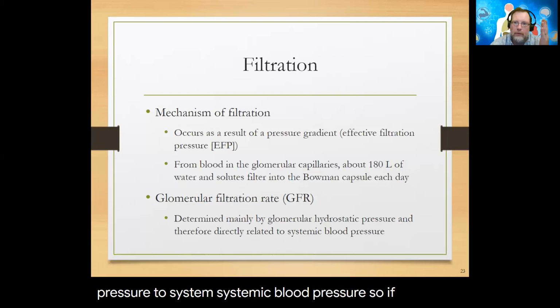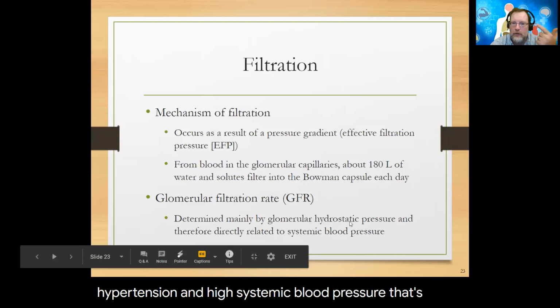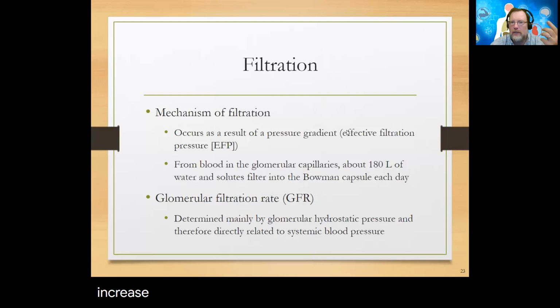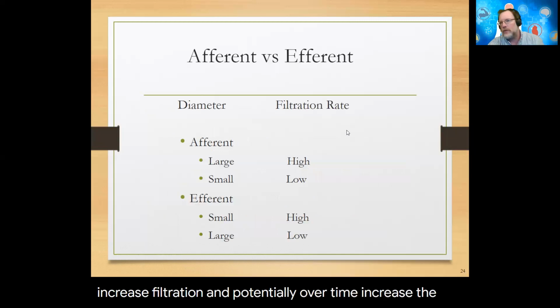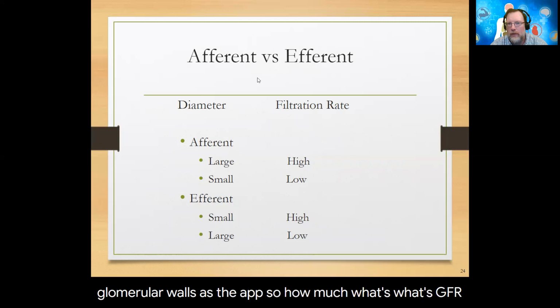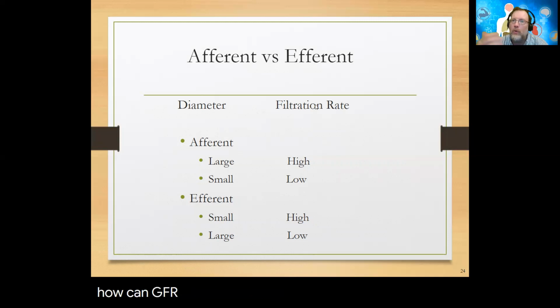So if you have hypertension and high systemic blood pressure, that's going to increase glomerular hydrostatic pressure. That's going to increase filtration and potentially over time increase the amount of stress that's placed on the capillary or glomerular walls. So how can GFR be regulated?